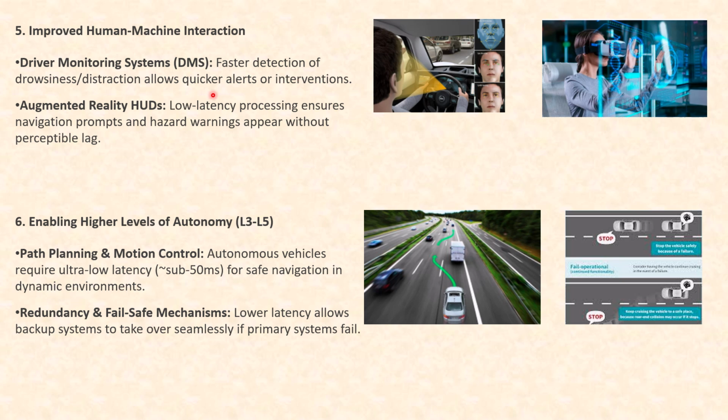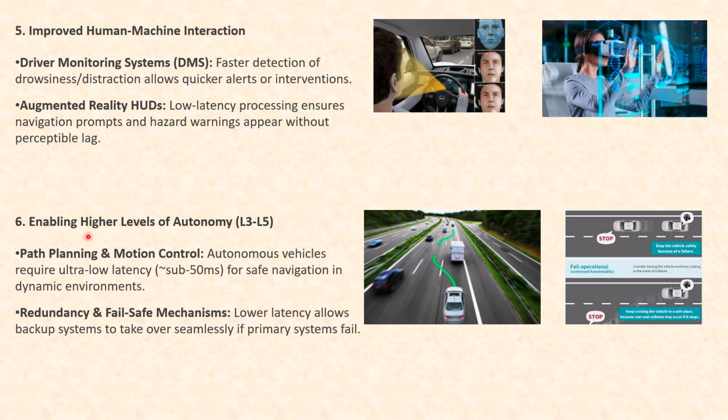So the earlier the distraction is detected, the faster the vehicle can intervene. And also augmented reality HUDs. Okay, the low latency processing ensures navigation prompts and hazard warnings appear without perceptible lag. There definitely will be lag, but it won't be perceptible.